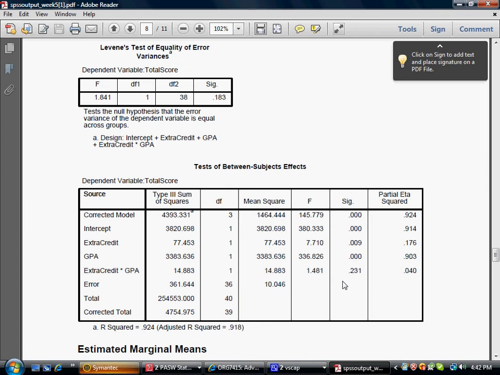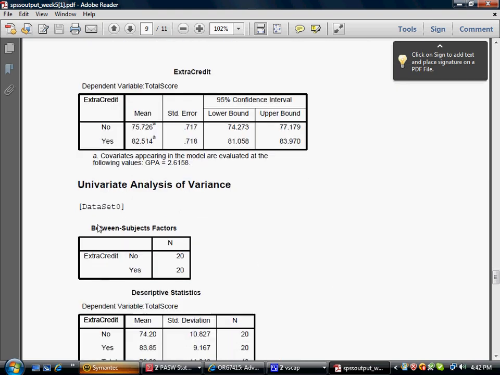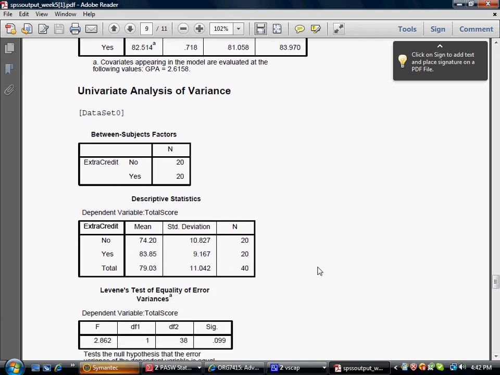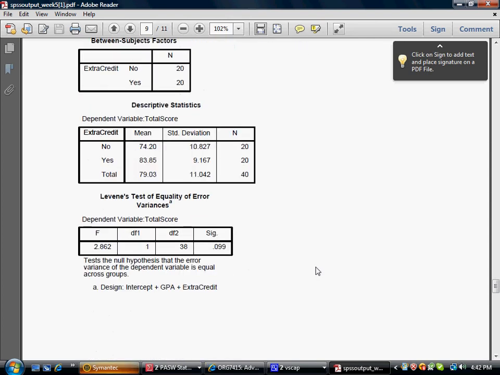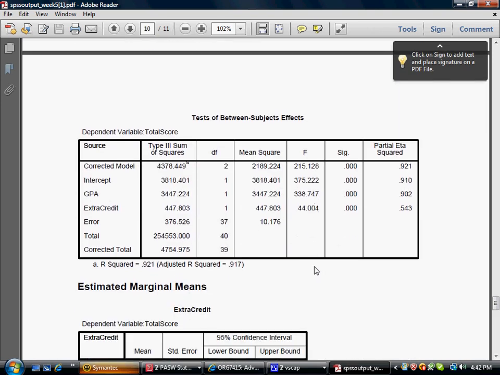No fun. All right, so that's all we're checking in the first part. Then we go in, and again, it looks similar because it says univariate analysis of variance, but this time we're telling it to run the full model and to covary out that other variable.